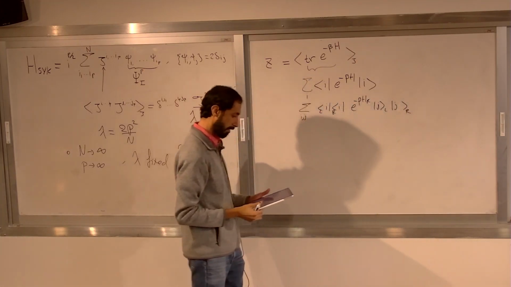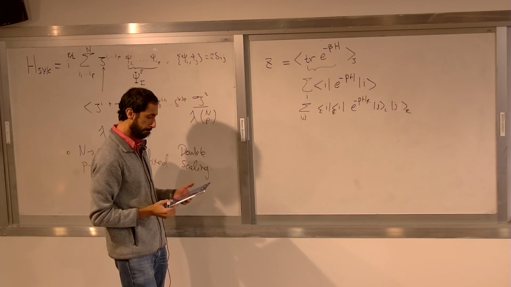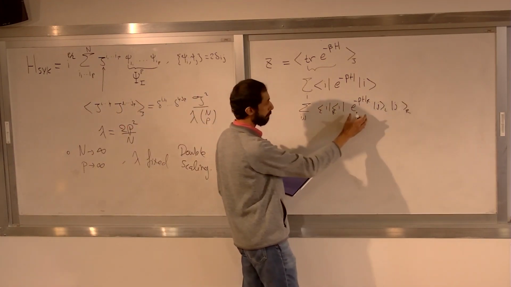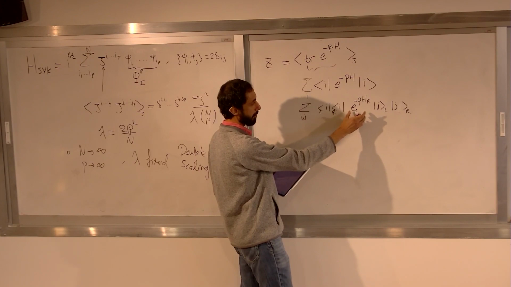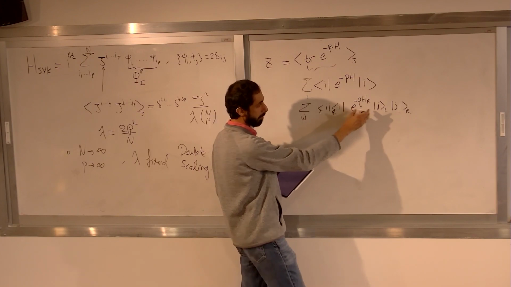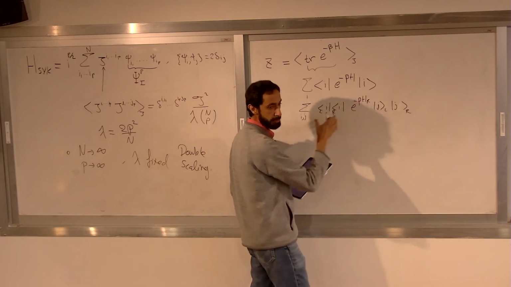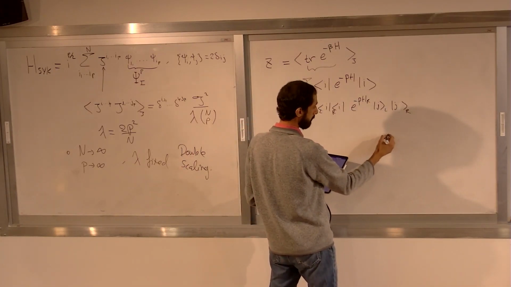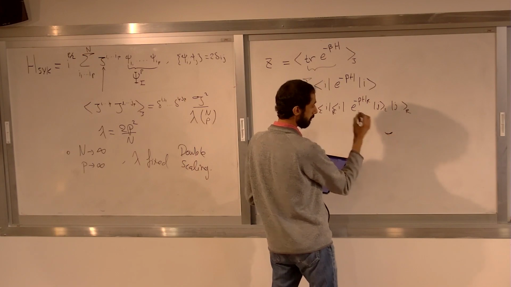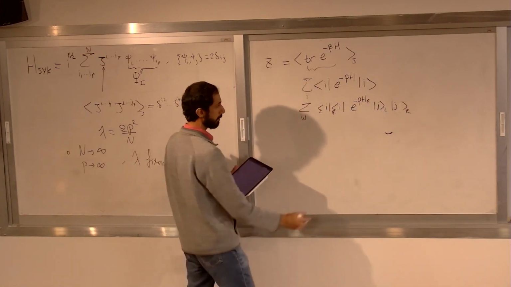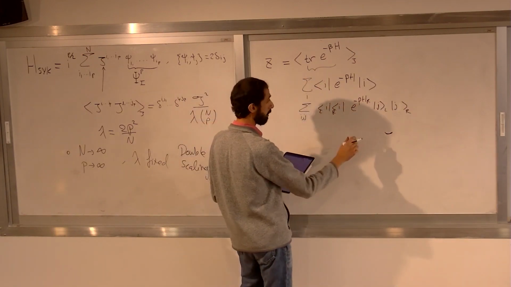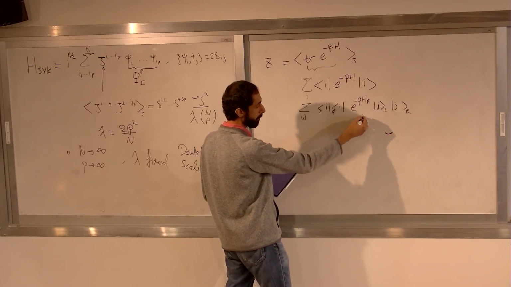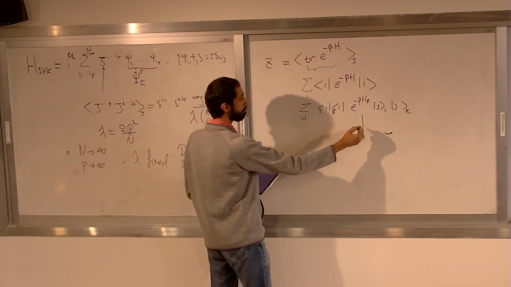So here we are taking the overlap or the matrix element of this operator within this maximally entangled state. Diagrammatically, the maximally entangled state I will represent with a short line. And this time evolution with the Hamiltonian I will represent with a long line of length beta.